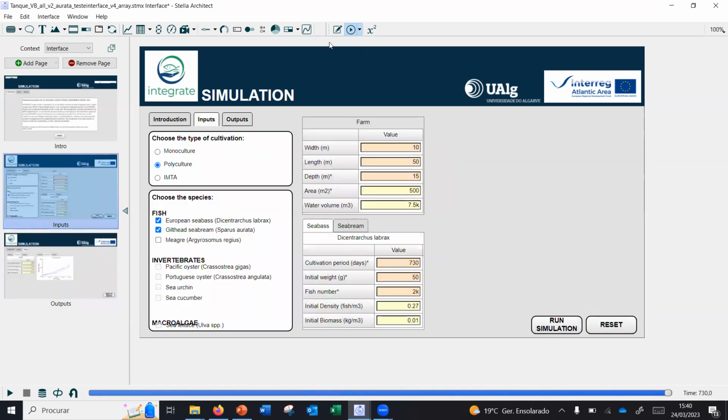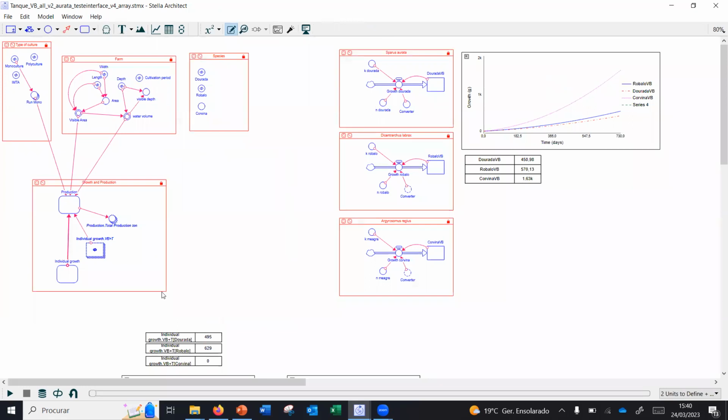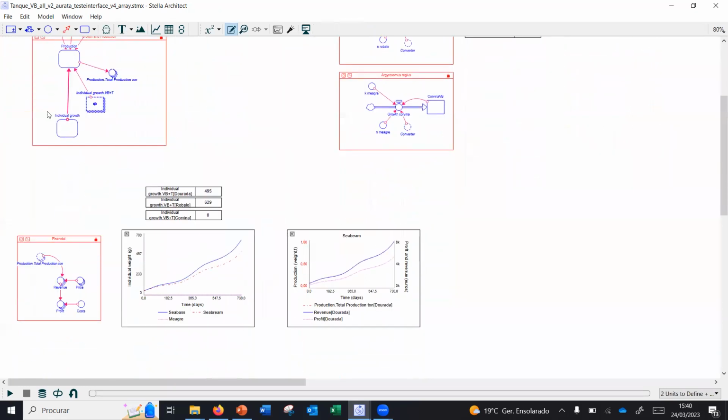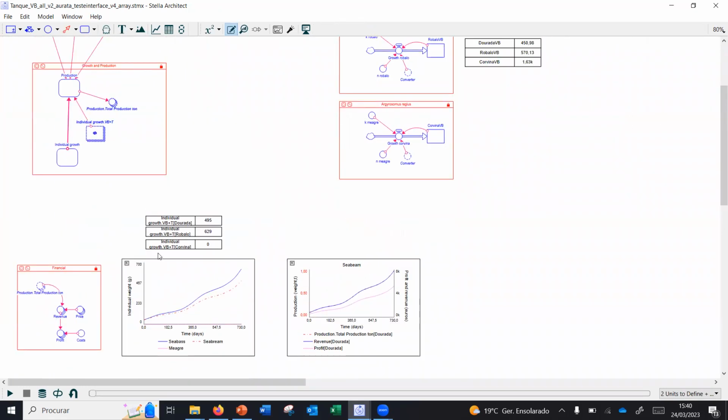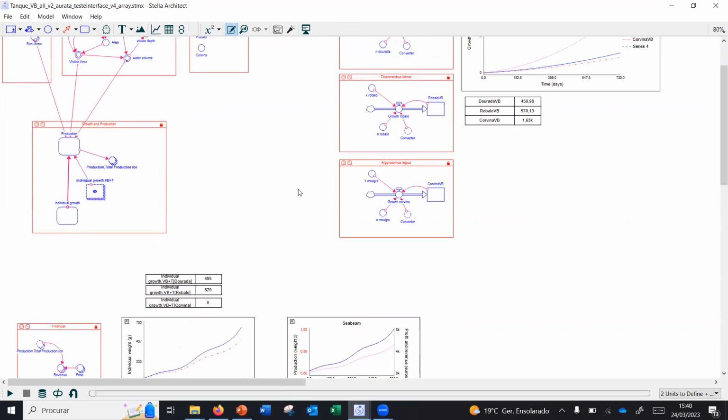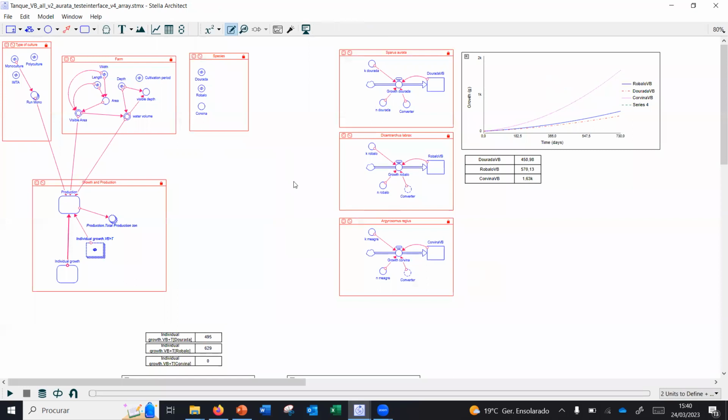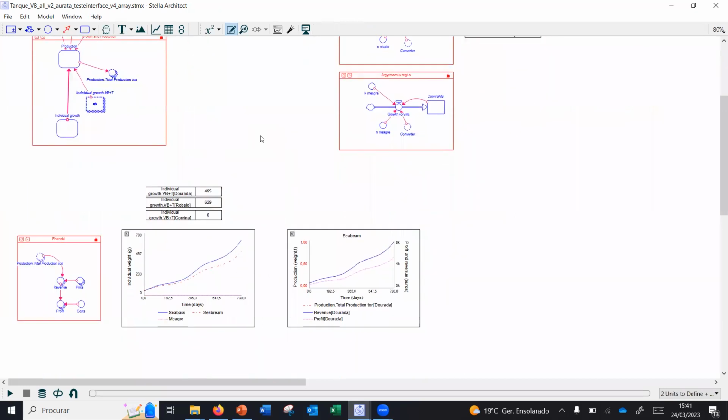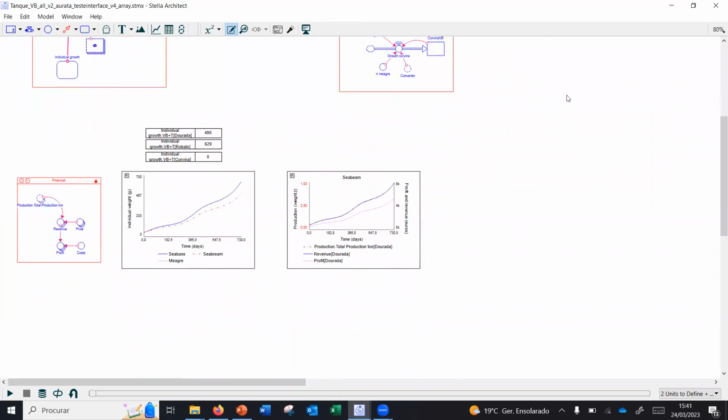Okay. And here we can see the places where the information is and some other graphs that we have already. Okay, so this is our model for the moment.